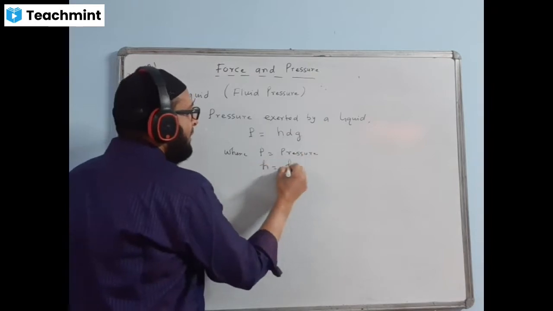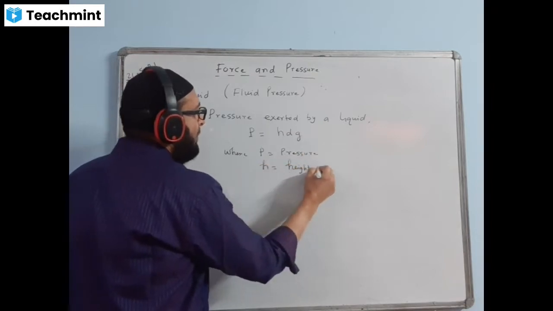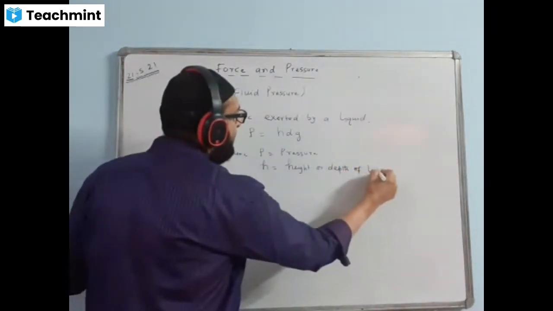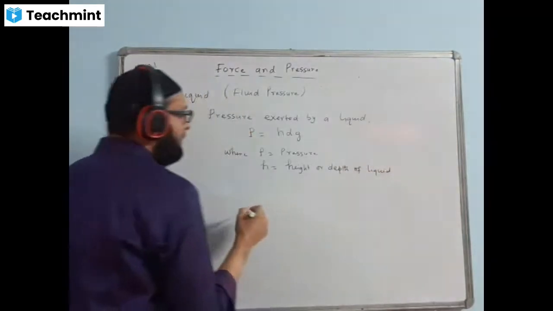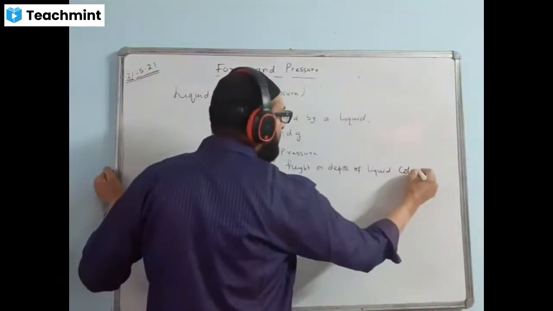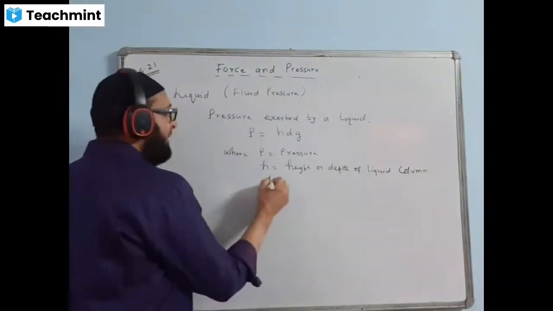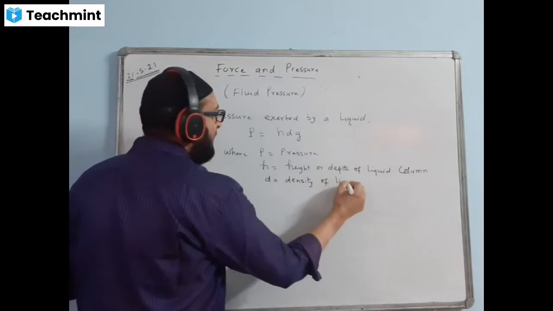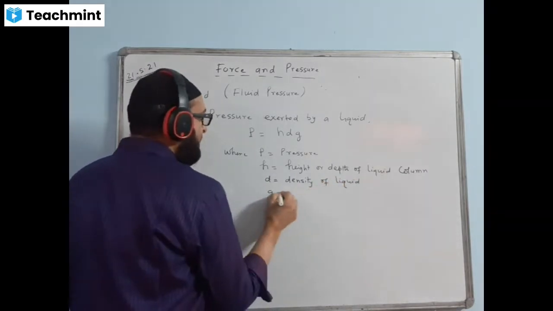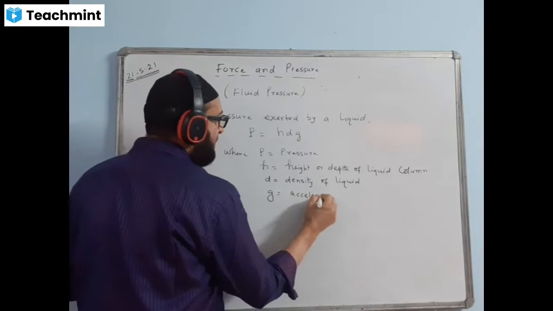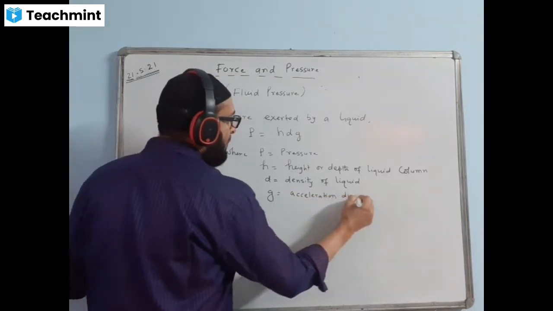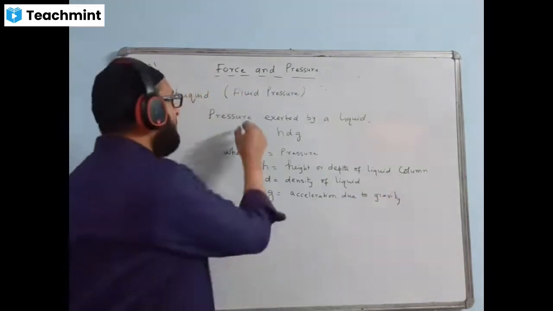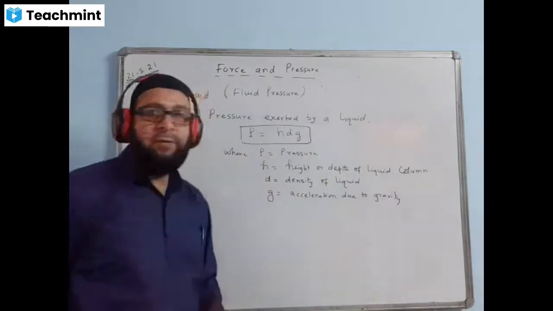H is the height or depth of the liquid column, d is the density of the liquid, and g is the acceleration due to gravity. This is the formula of pressure exerted by a liquid.